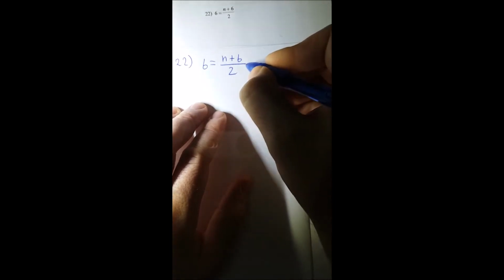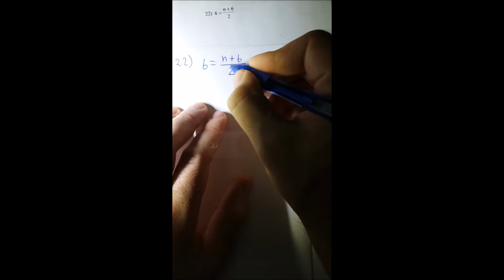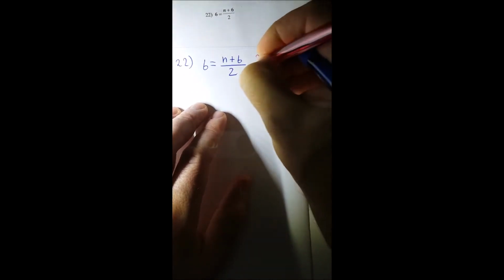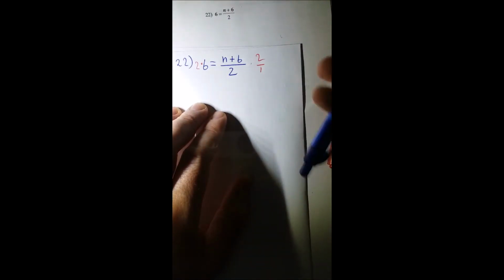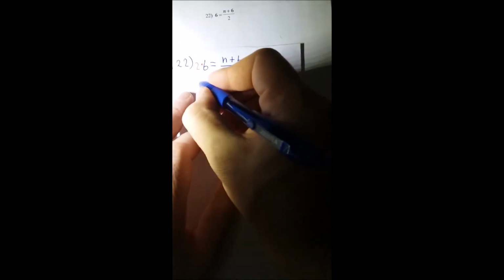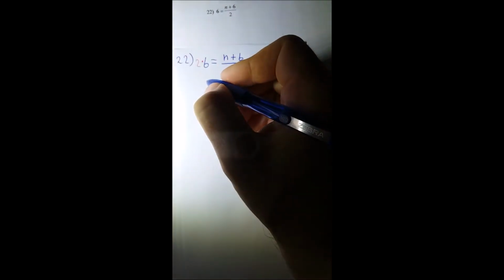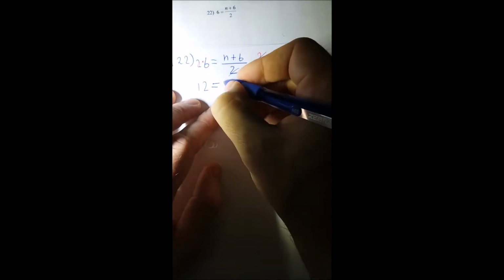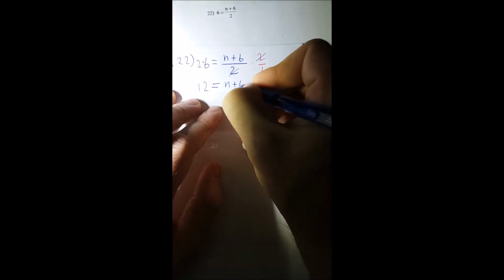So, since you see the 2 in the bottom, in the denominator, what you've got to do is multiply both sides by 2. And since we're dealing with a fraction here, I multiplied by 2 over 1 here. That way, the 2 and 2 here are canceled. So you get 2 times 6 on the left, which is 12 equals n plus 6.